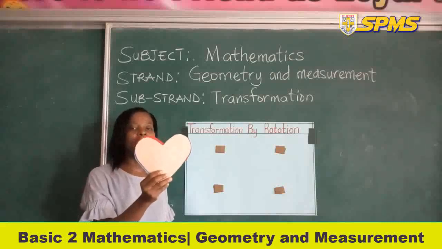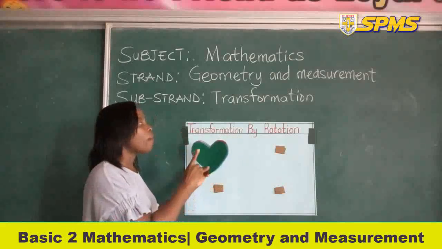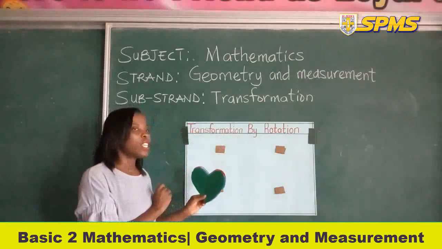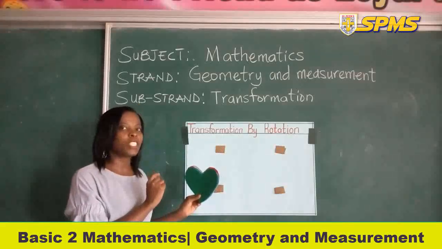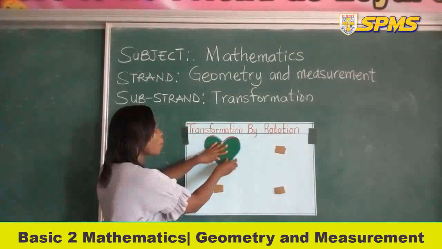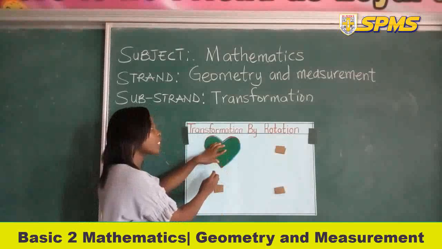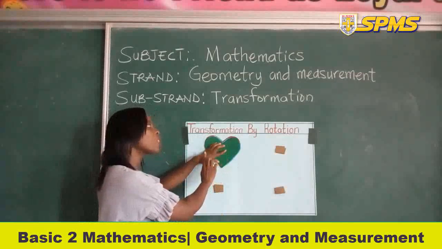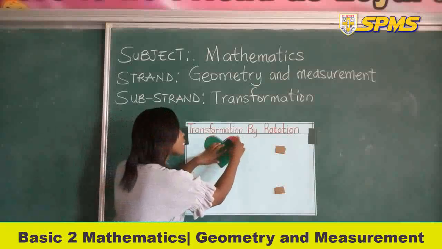The shape of a hat. I'm going to turn this shape round about at a fixed point to get the transformation known as rotation. Let's go. I'll start from this point, and this is going to be the original point of the shape. So if I need to rotate clockwise, I'm going to have something like this.